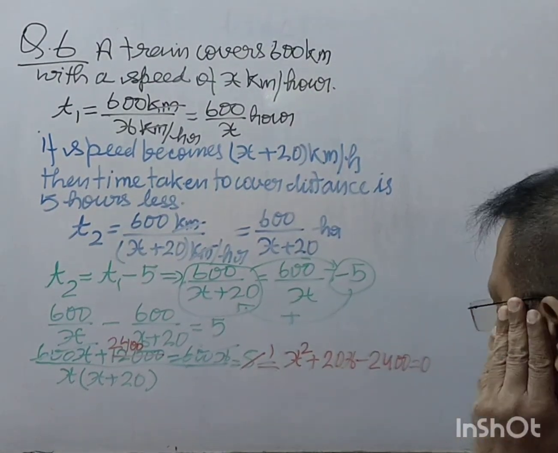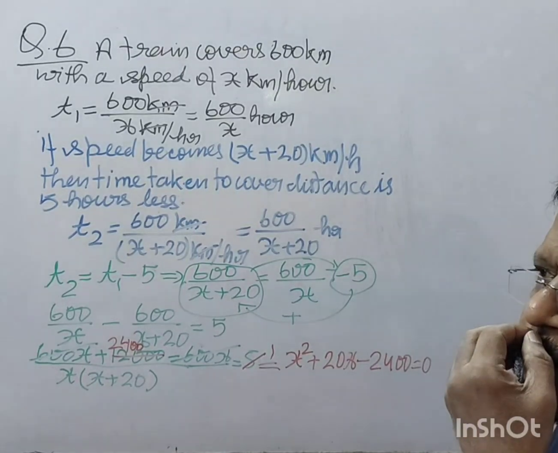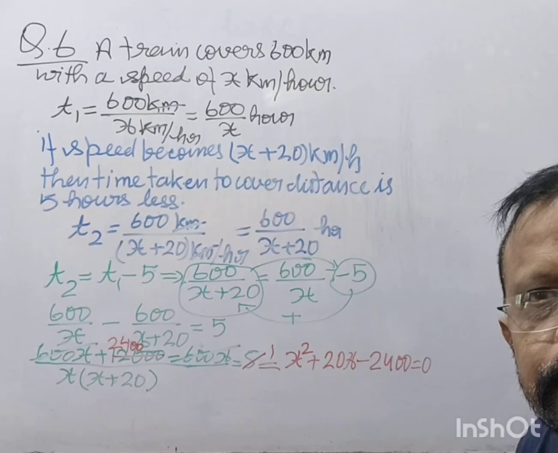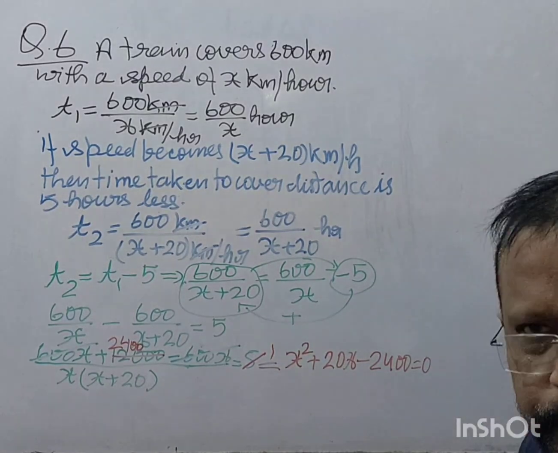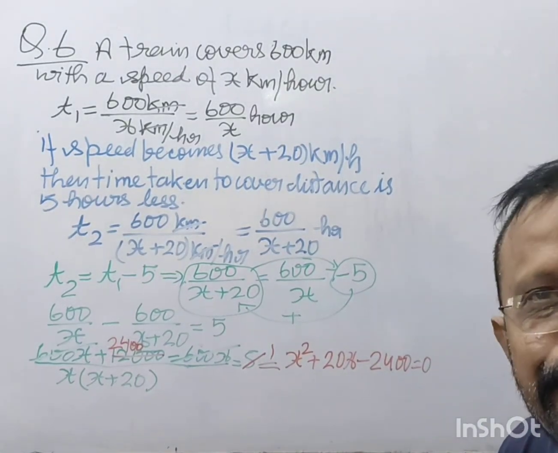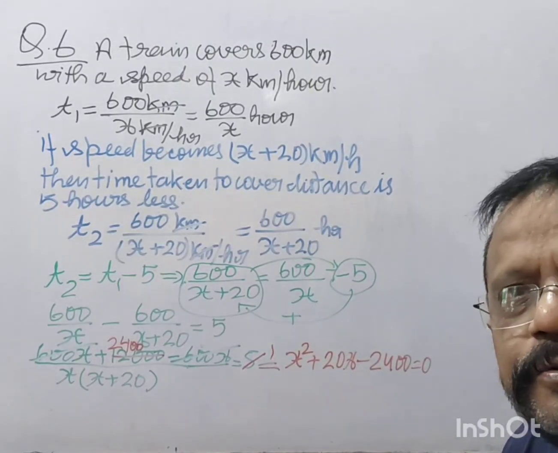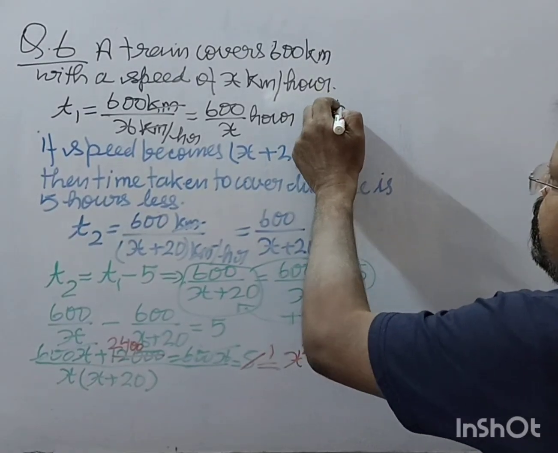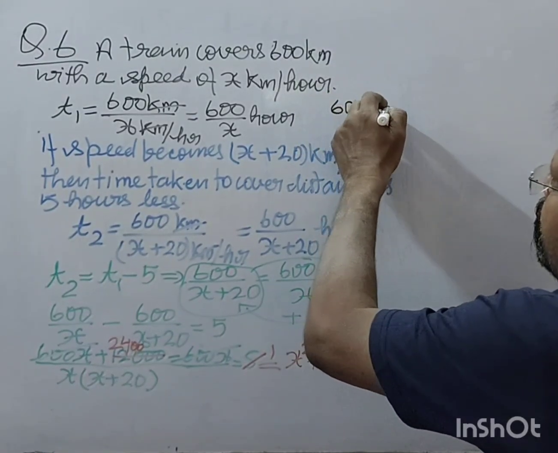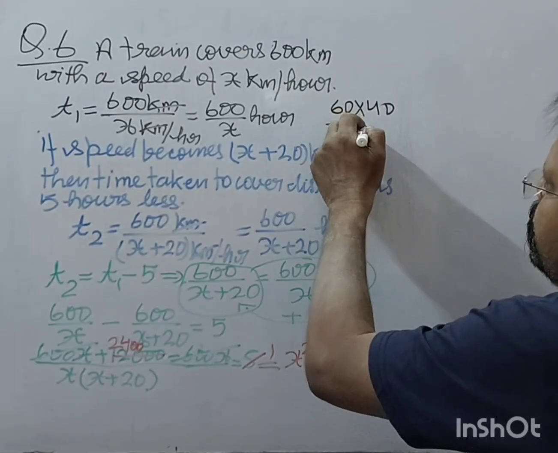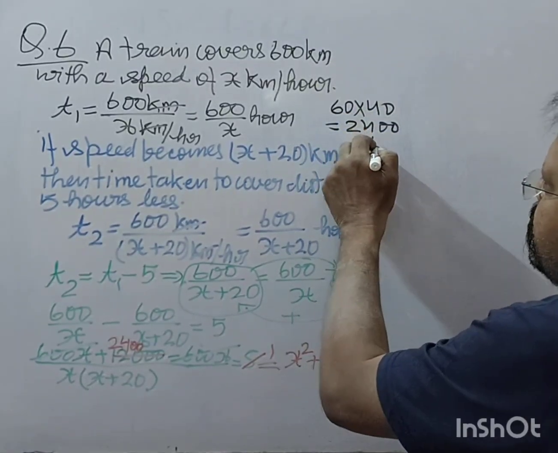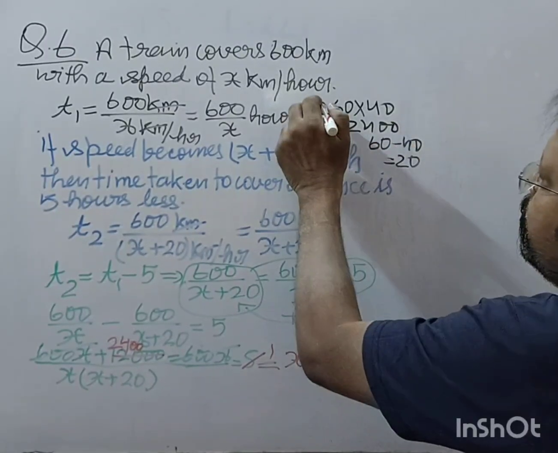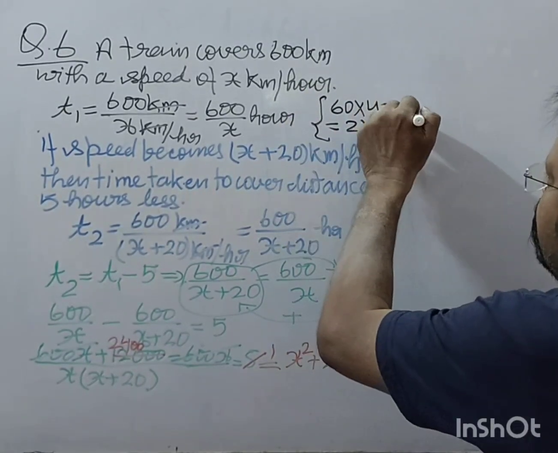So 60 into 40 is how much? 24, na? No, 60 into 40 means 2400, right? Matlab, if we write 60 into 40, we get 2400, right? And 60 minus 40, we get 20. This is the rough we have done, right?